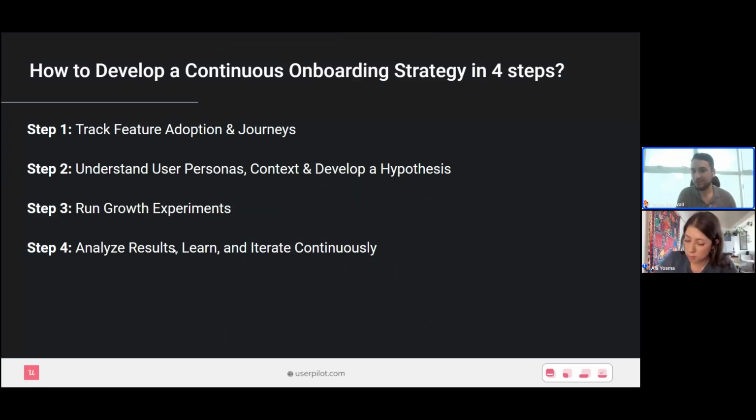We're doing user research based on the successful users that are using the feature. Then we're going to run some experiments, analyze the results, and iterate, right? And obviously you're going to do this for all of the important secondary features that you have.